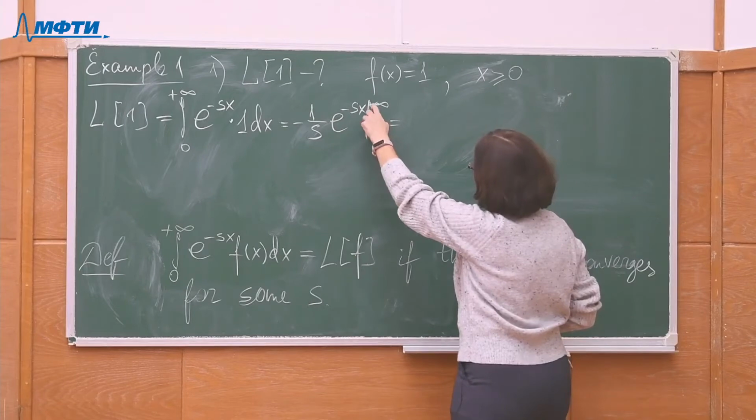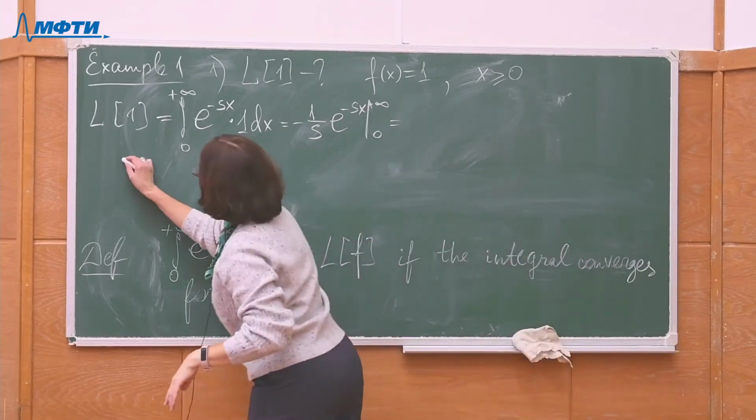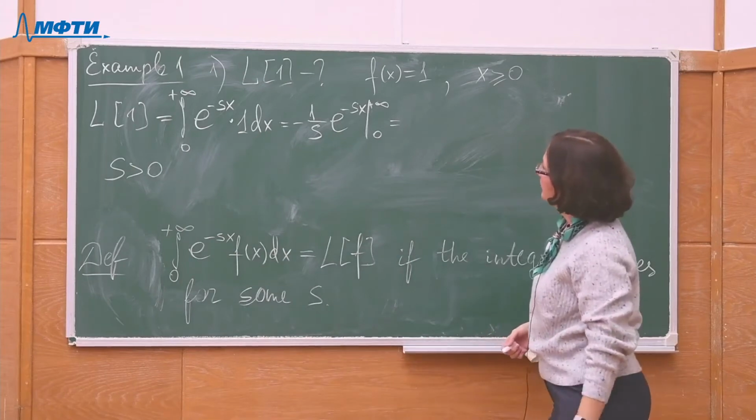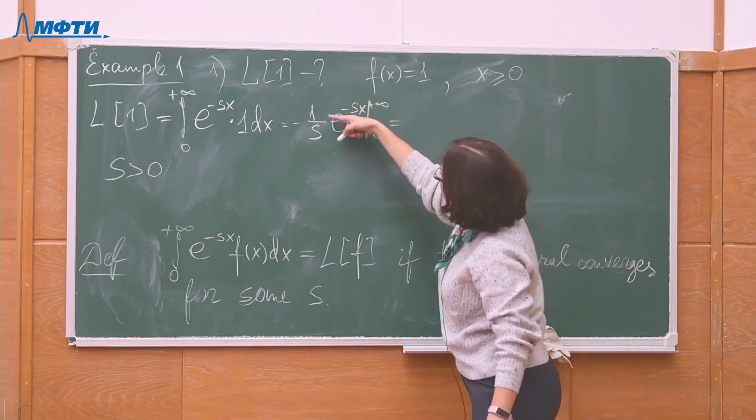If x approaches positive infinity and s is greater than 0, then this approaches 0.